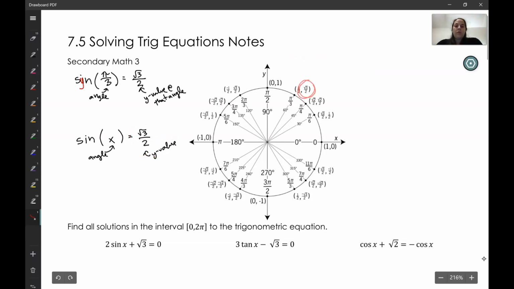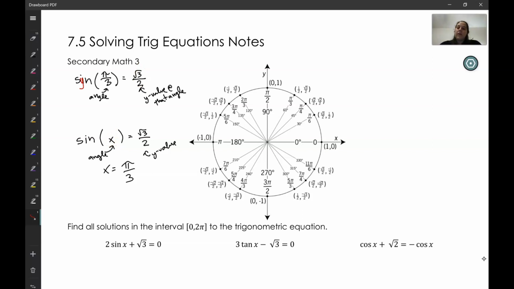Well, right there is 1. There's root 3 over 2. That's a y value. And the angle that goes with that is pi thirds. So we're essentially saying if I put pi thirds here, then sine of pi thirds is root 3 over 2. We're solving for this part of the equation now instead of this part.